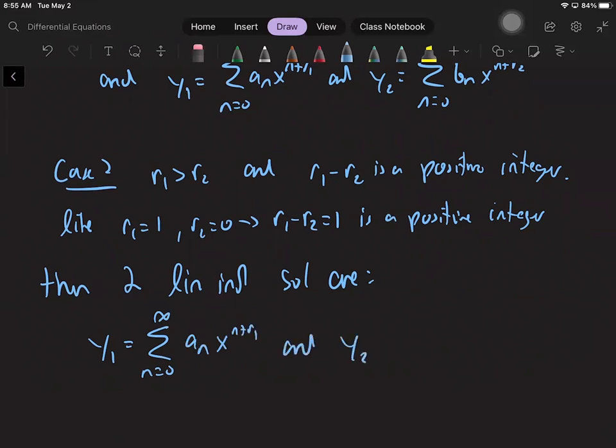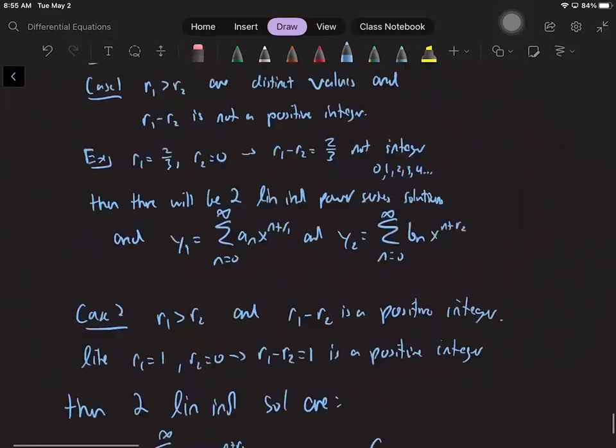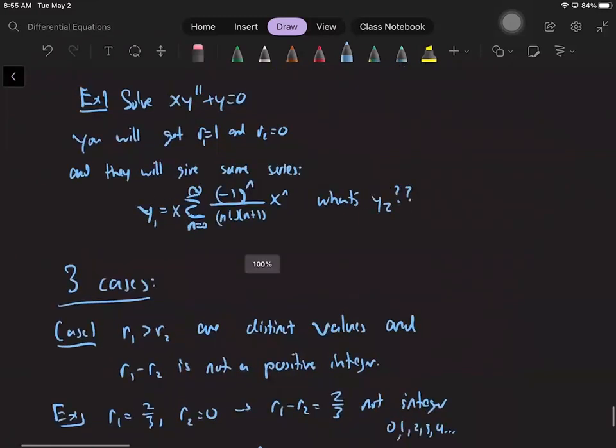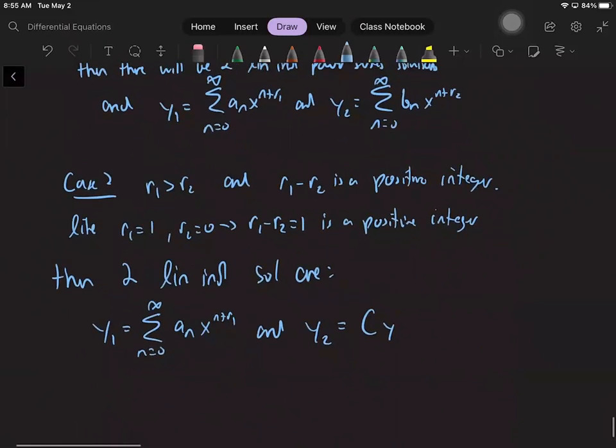But y2, if you have as a result what we did in the previous example, or we didn't actually do, I guess, then your second solution might have this factor of ln of x, which comes from what we did before. It was like that section that we skipped, and then we used it once for the Cauchy-Euler equations.